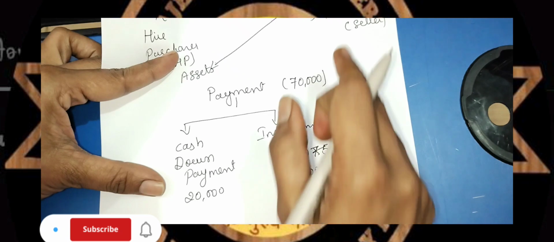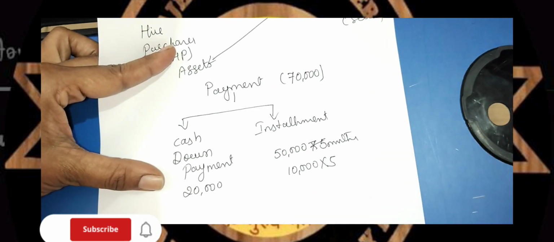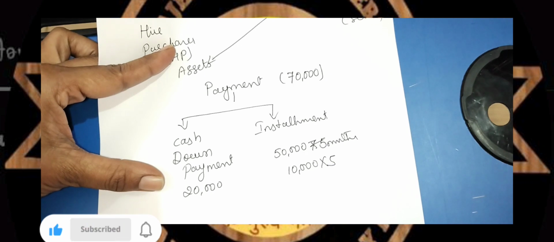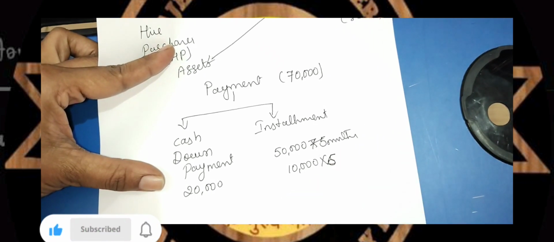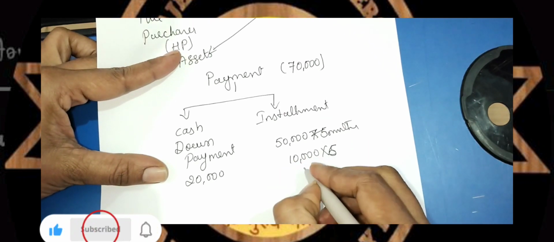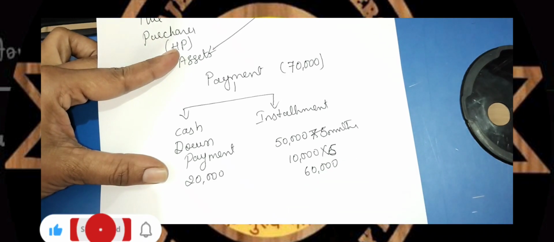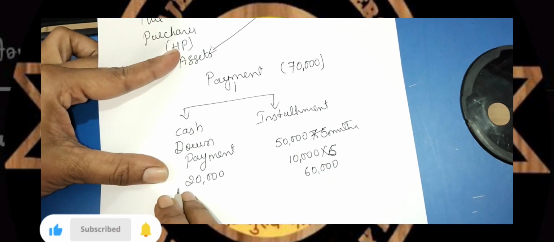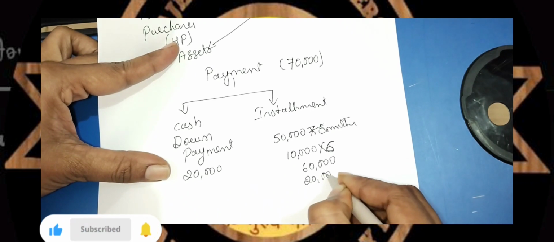But the hire vendor said, no sir, I have given you one time to pay the amount; pay me over 6 months instead of 5. So how much are you paying? 60,000. How much have you already paid as a down payment? 20,000.